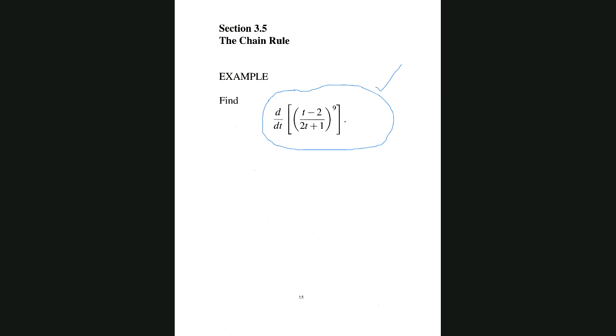That's right, Ian. That fraction, t minus 2 over 2t plus 1. Now, does the outer function in the chain rule correspond to f or does it correspond to g? Good. The outer function corresponds to f. That's right, Nicholas. And the inner function corresponds to g.